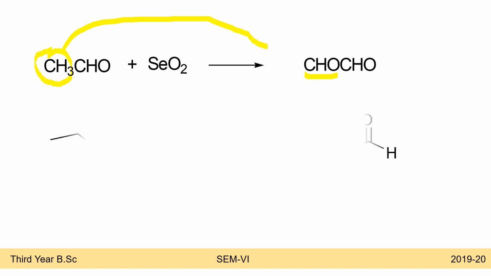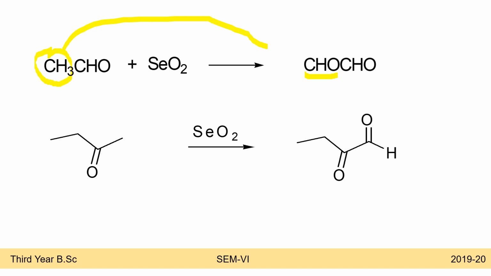Let us see another example. This is a ketone molecule which is subjected to selenium dioxide, and in this case this active methyl group is oxidized into the corresponding aldehyde. As I said earlier, selenium dioxide always oxidizes active methyl groups next to the carbonyl group into the corresponding carbonyl.